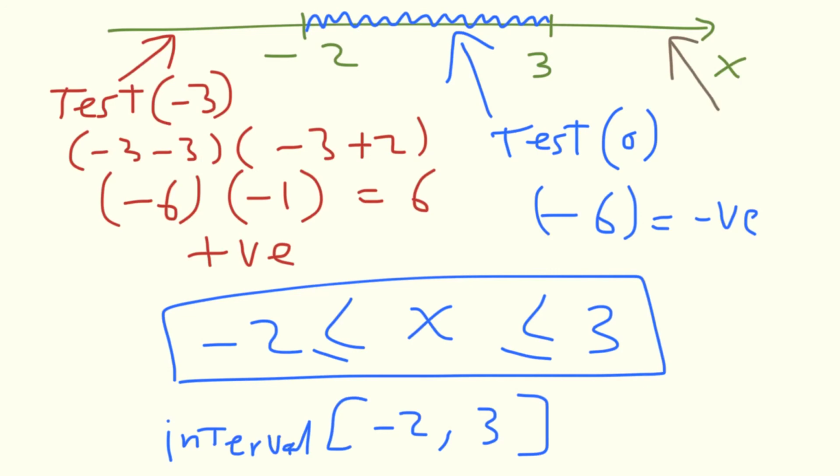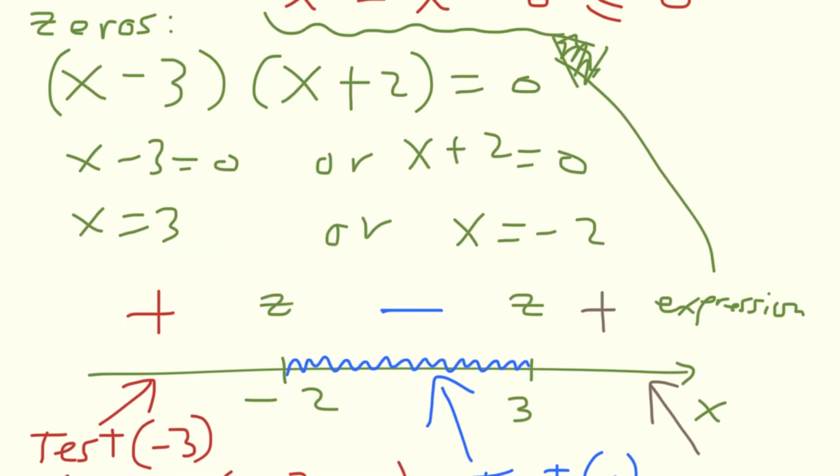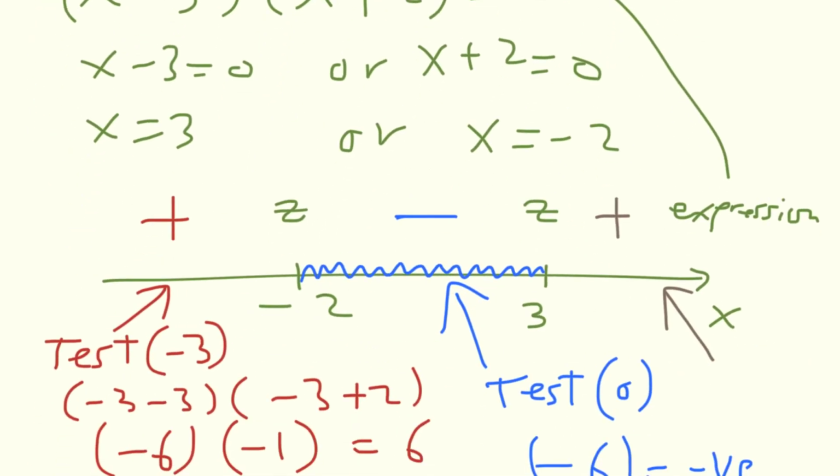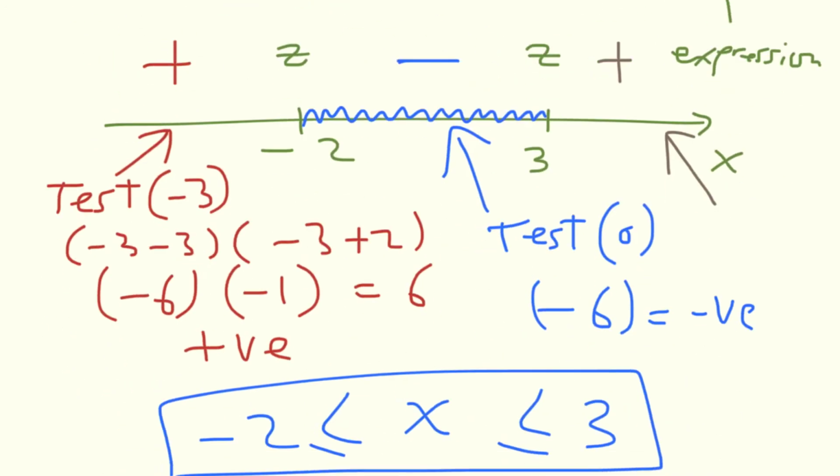So the only thing you have to be careful about here is, do we have an equal sign or not? If you have equal here, then the 0 is part of the answer, and this 0 is also required to be part of the answer, and that's why in this case you have to have a bracket here.